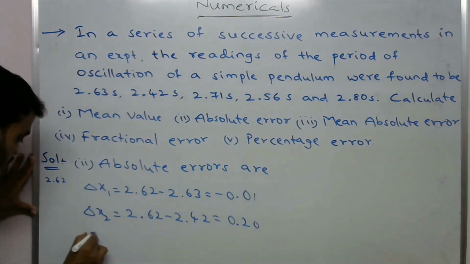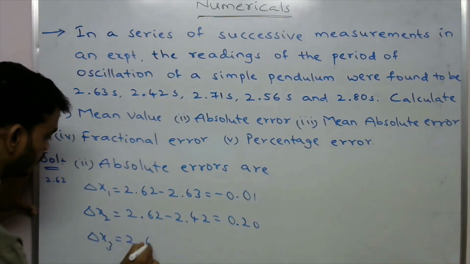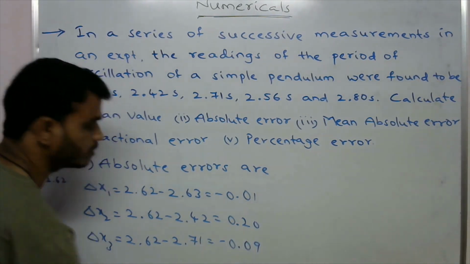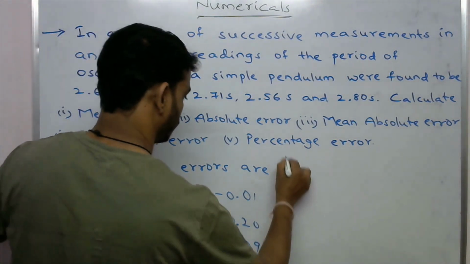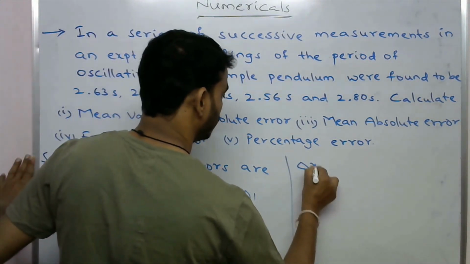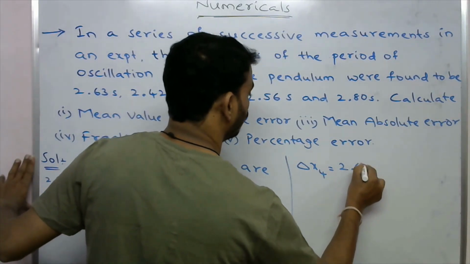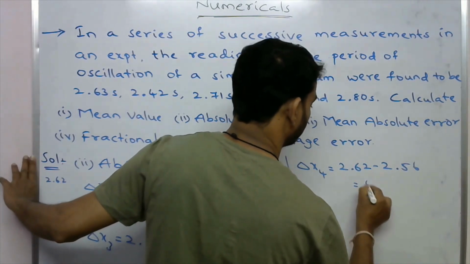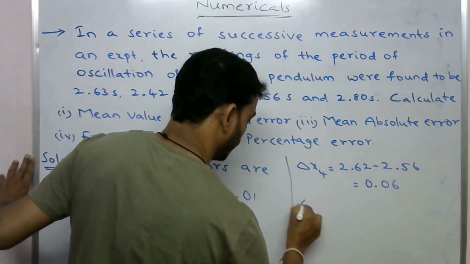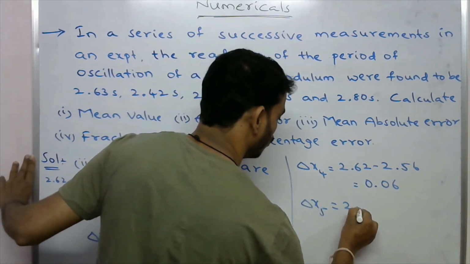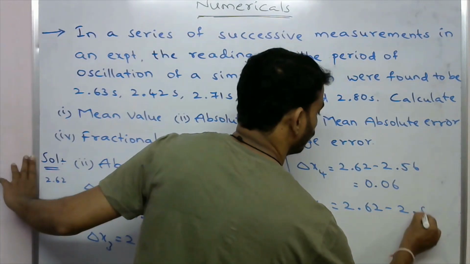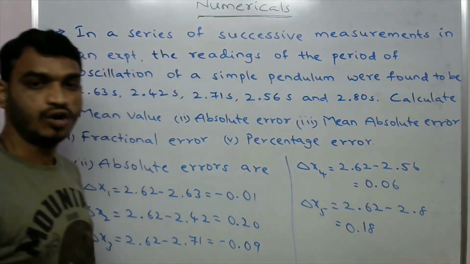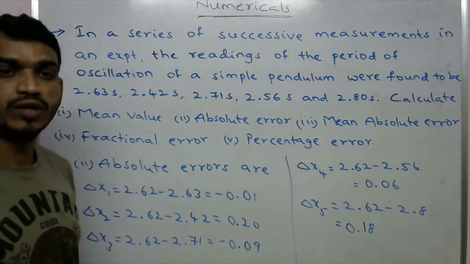And the third one, delta x3, is equal to 2.62 minus 2.71, minus 0.09. And the fourth measured value, delta x4, is equal to 2.62 minus 2.56, so that is 0.06. And delta x5 is equal to 2.62 minus 2.8, so this value is 0.18. So all these values are the absolute error values.